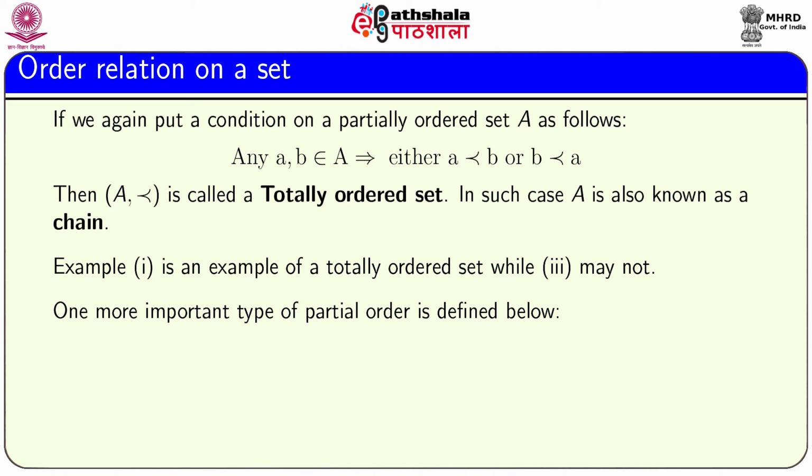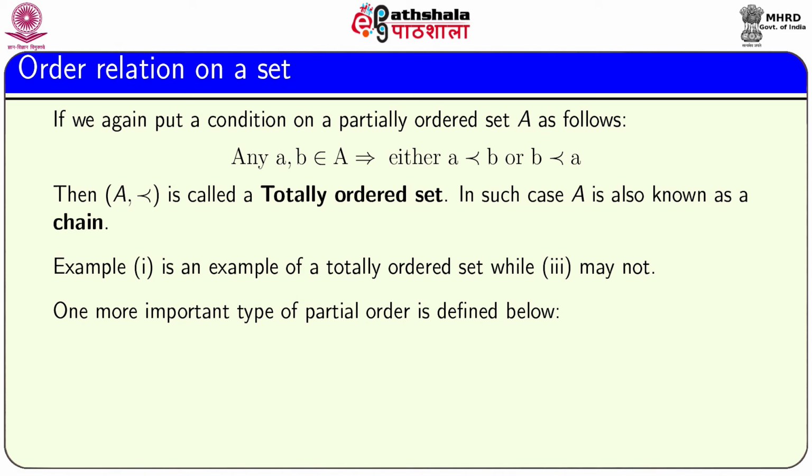We once again observe that example 1 is actually an example of a totally ordered set, while example 3 may not be a totally ordered set.